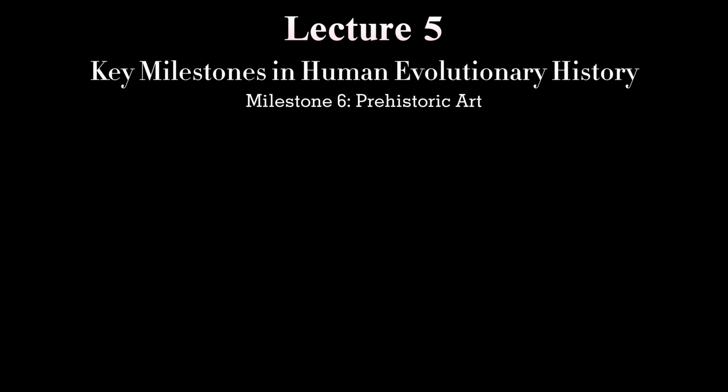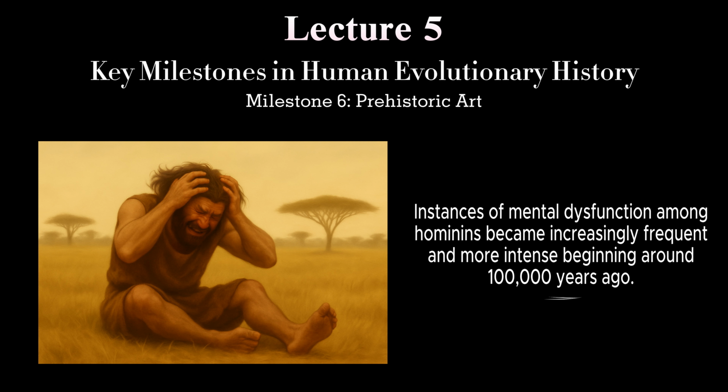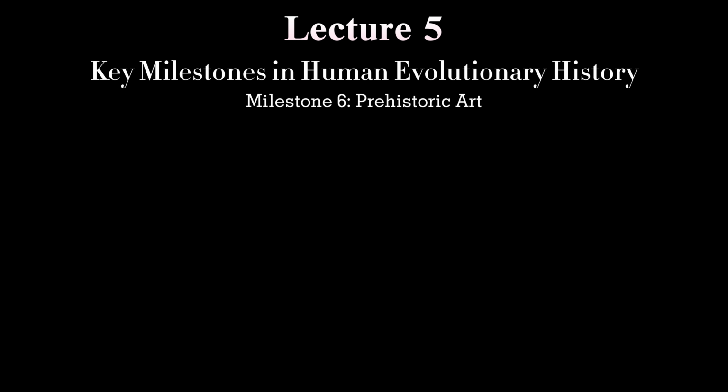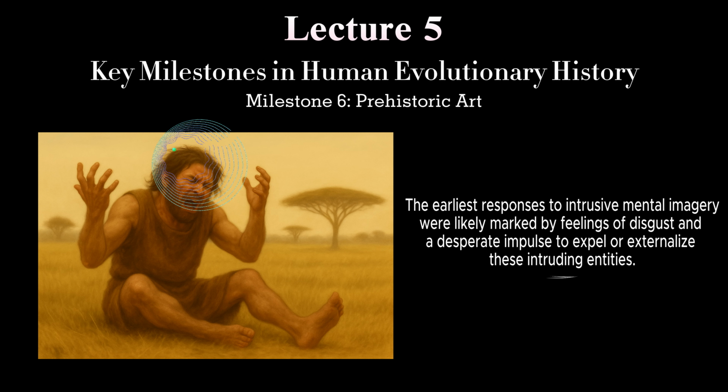Within the framework proposed here, we adopt a novel and unconventional perspective. We propose that instances of mental dysfunction among hominins became increasingly frequent and more intense, beginning around 100,000 years ago. The earliest responses to intrusive mental imagery, i.e., vivid and involuntary representations perceived as alien, inappropriate, or even infectious, were likely marked by feelings of disgust and a desperate impulse to expel or externalize these intruding entities.